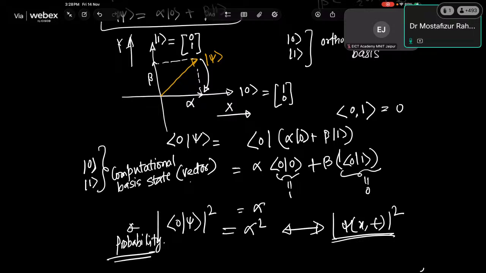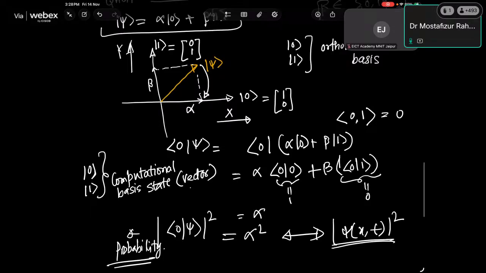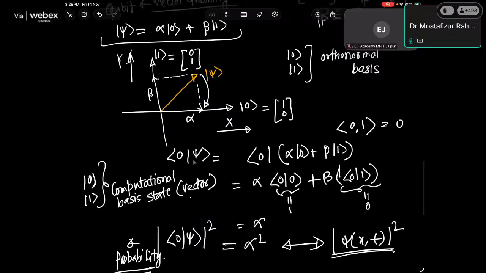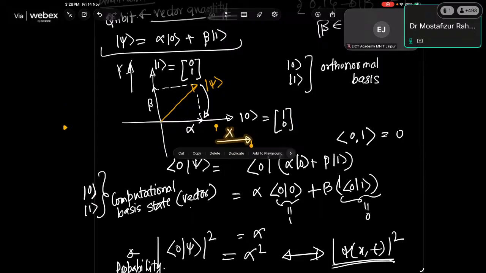They are typically orthonormal vectors, and you represent your quantum information with them. If you want to represent any vector on a plane or in an n-dimensional space, you need n orthonormal basis states, right? Similarly here, I need to represent two-level quantum information, so I need two orthonormal basis states, |0> and |1>.